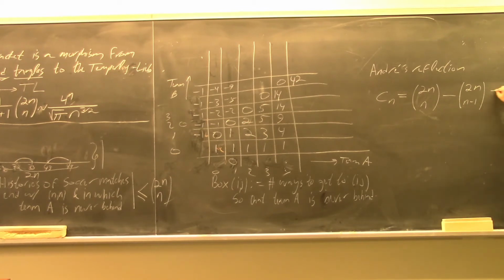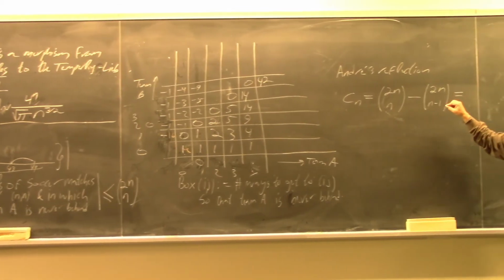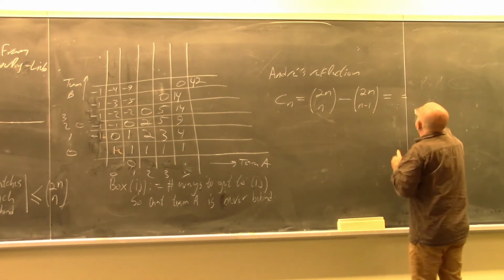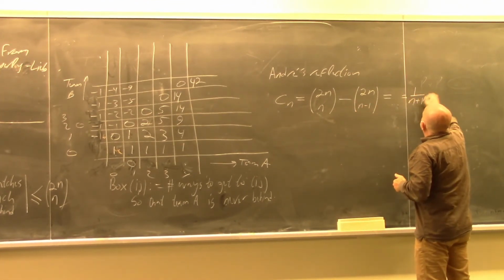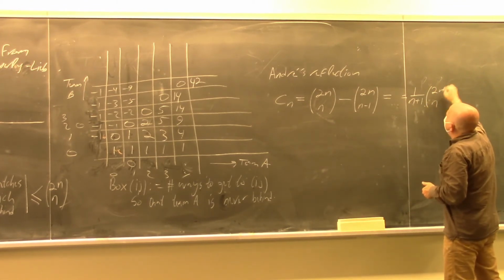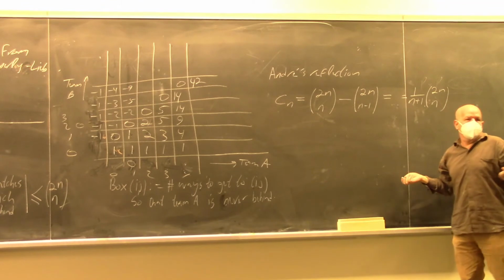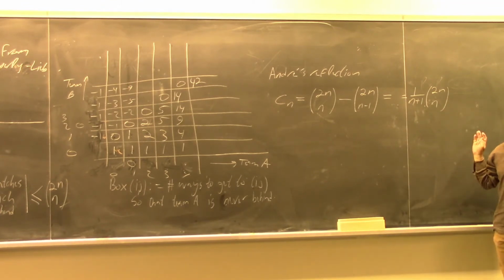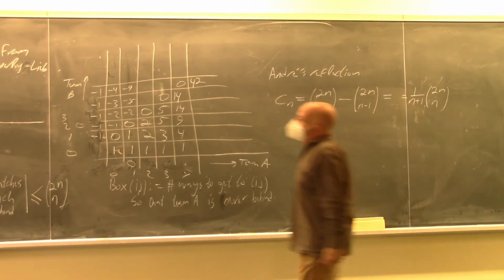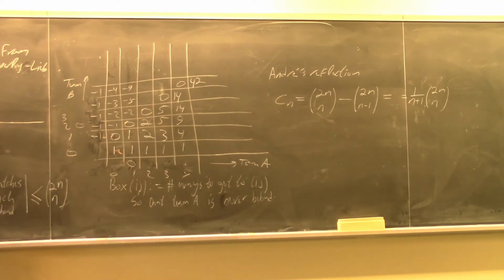And then it's a matter of calculation. You put in the factorials, and you get, I hope, 1 over n plus 1 times 2n choose n. That's just a stupid calculation. Are you with me? Am I wasting your time? Okay, good. And then the last bit is not interesting.